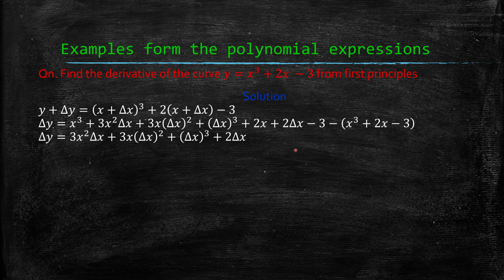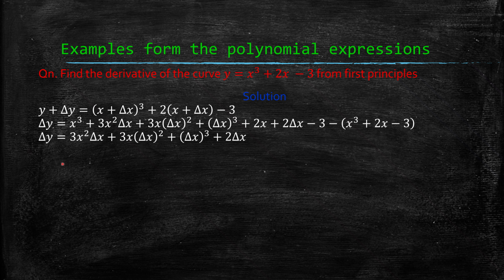Small change in y therefore is going to become, after this expression, this negative x cubed goes with this positive x cubed, and also this negative 2x goes with this positive 2x, then this positive 3 goes with negative 3.